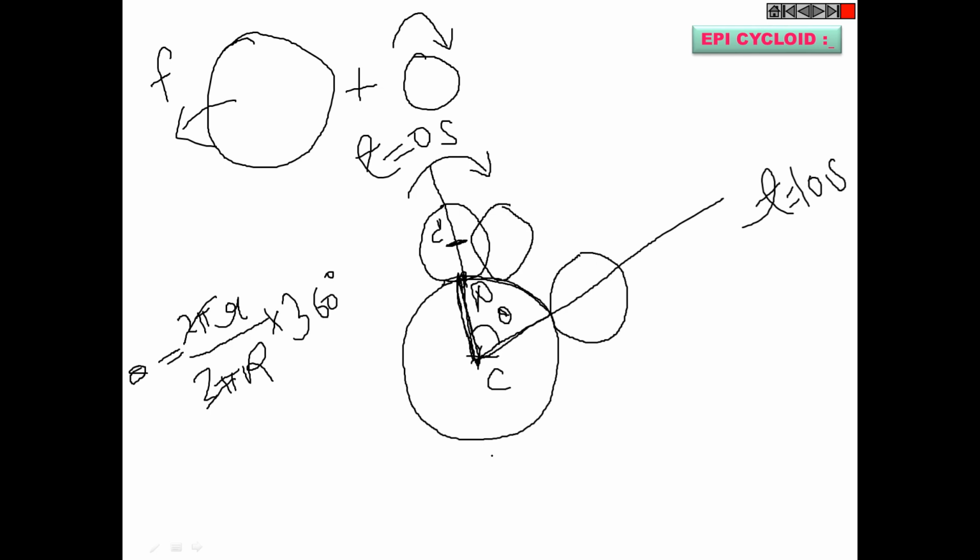If this is the position of the circle, the center point of the new smaller circle will be along the same central line. Now this is the center line of the smaller circle for one complete rotation.